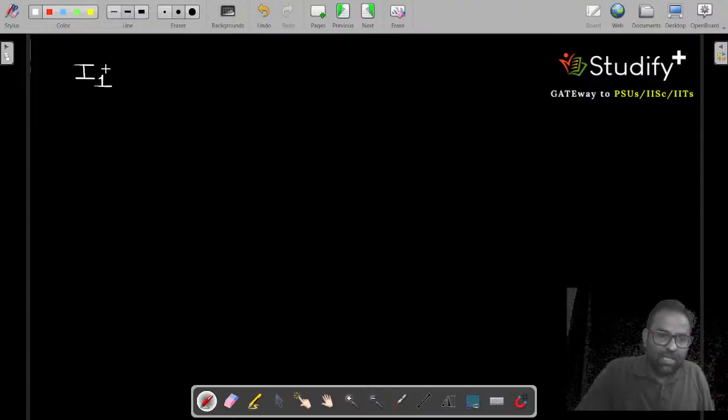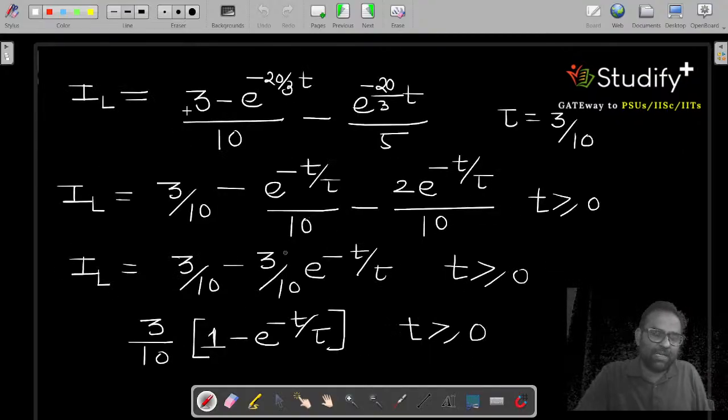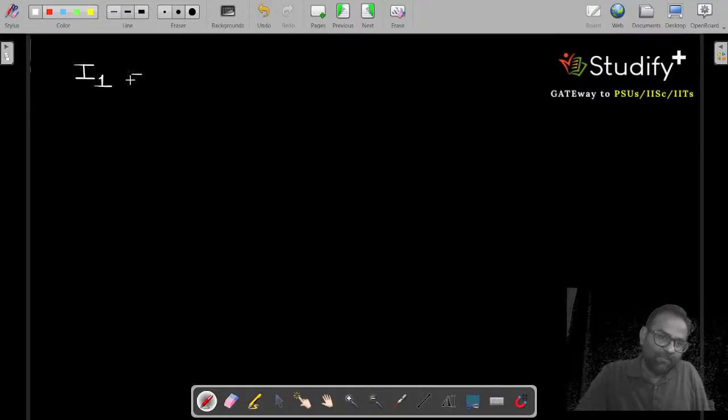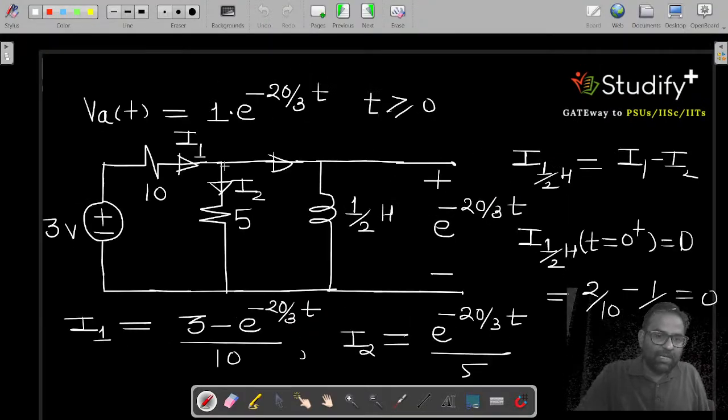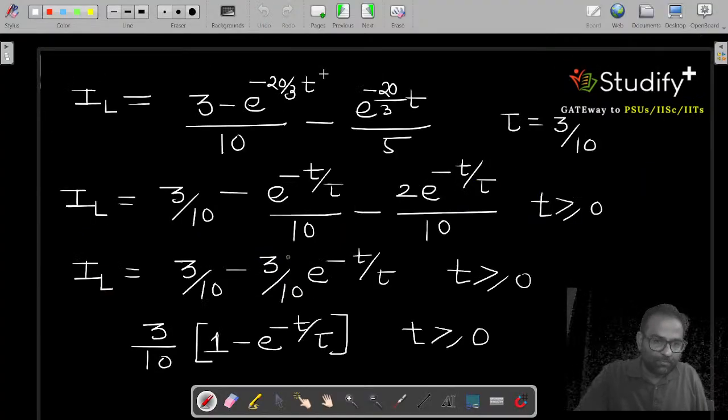And what is I1? I1 is the current coming from the source. So I am calling this current 3 by 10 minus 1 by 10 into e to the power minus t by tau.